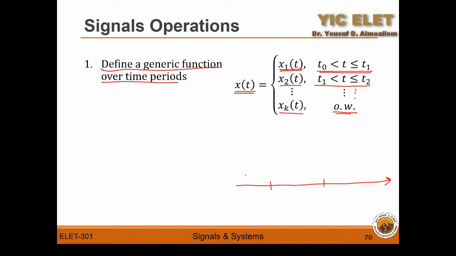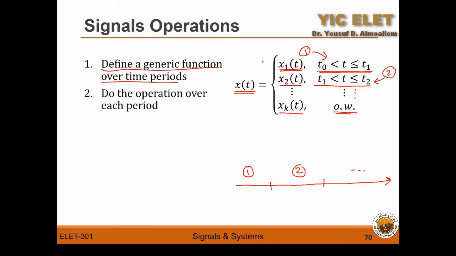So in period number 1, in period number 2, 3, etc. So let's say this is period number 1, which is this one, and this is period number 2, which is shown here. So after we define them clearly, then we will do the operation over each period.